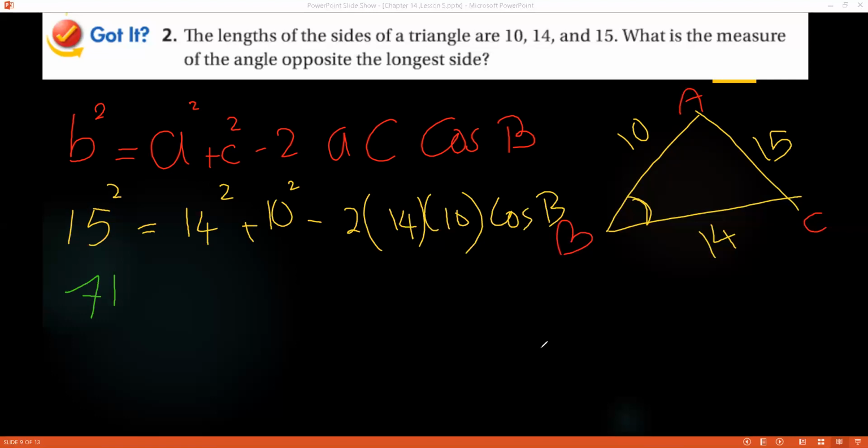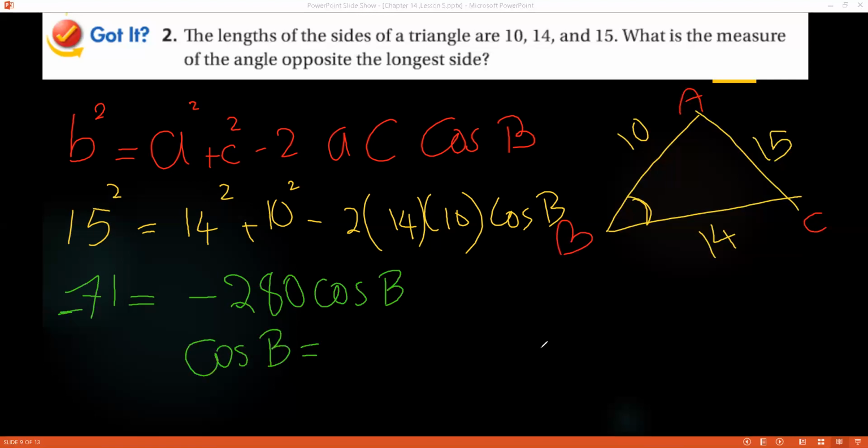So right here it will be negative 71. Negative 2 times 14 times 10, 280 cosine B. Then now here cosine B will be negative 71 over 280.